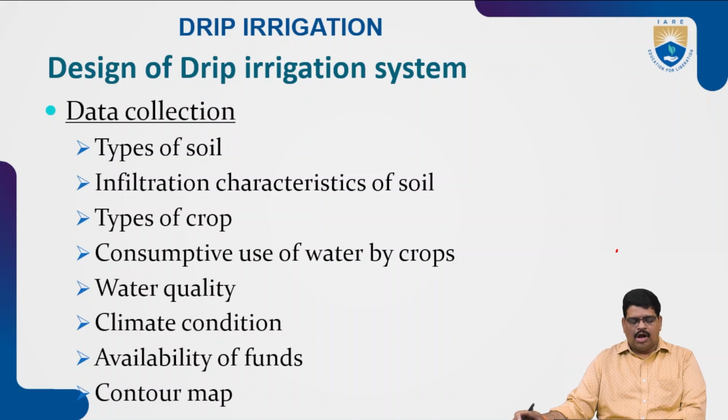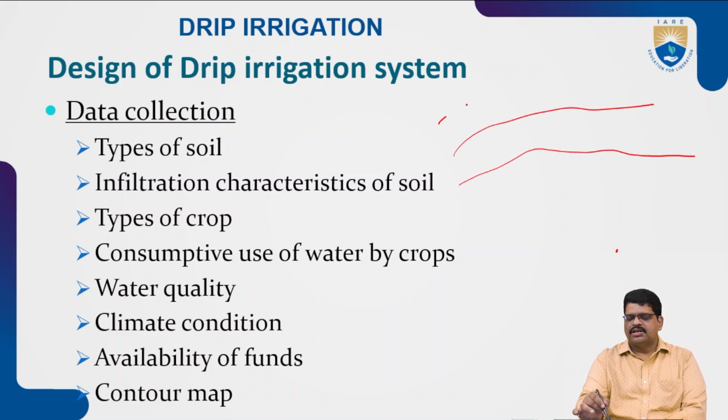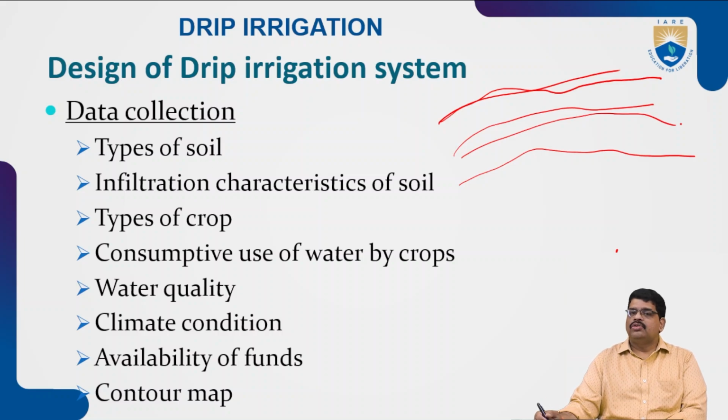Okay. Next, contour map. Why is the contour map a factor? Some land has a lot of ups and downs. With contouring, the requirement of pipeline will be more, and a lot of junctions are also required.